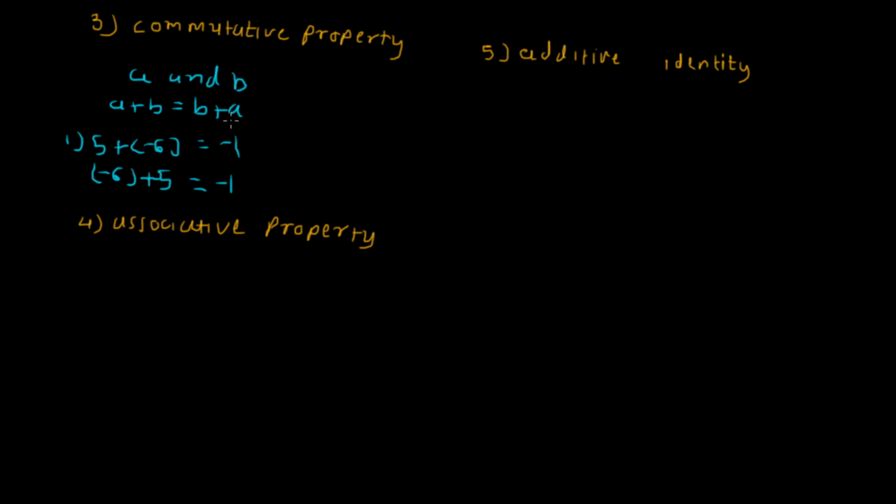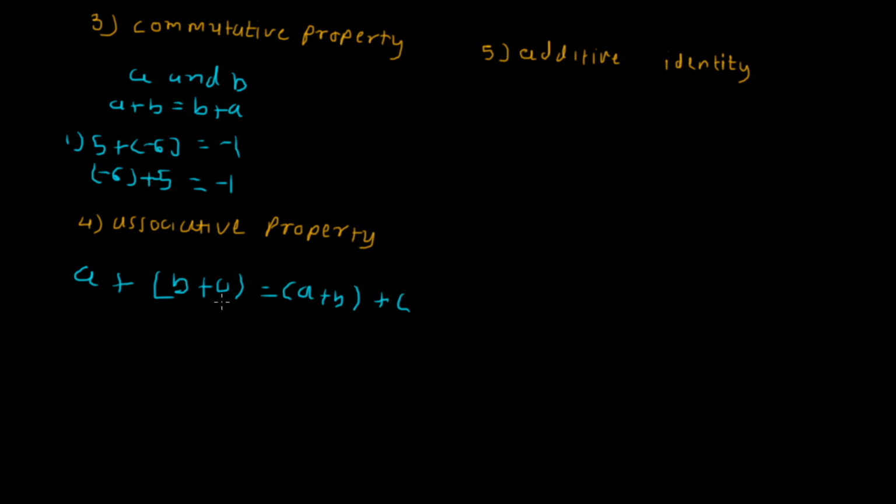Okay guys, next we have the associative property. Okay, so in the associative property, let's take a, b, c and understand. We have three integers. We can do a plus the addition of b plus c, or we can do a plus b plus c.